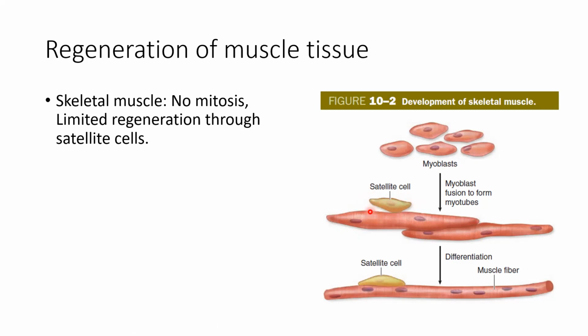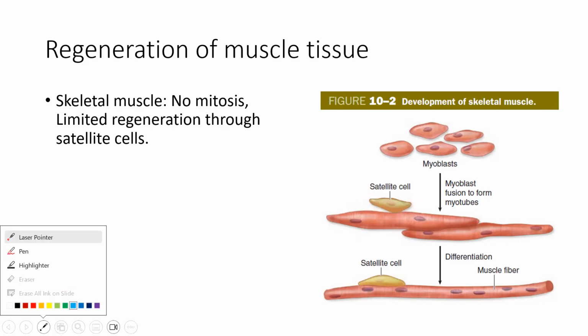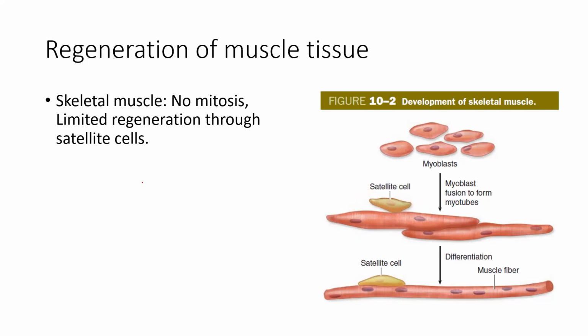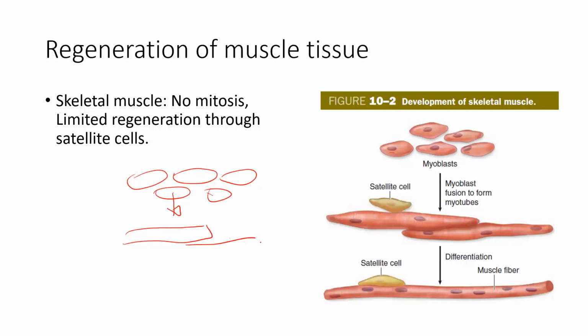So during the development, in the embryo, you will have a lot of cells called myoblasts. These myoblasts differentiate into the skeletal muscles, and they fuse together, so they each have a nucleus.